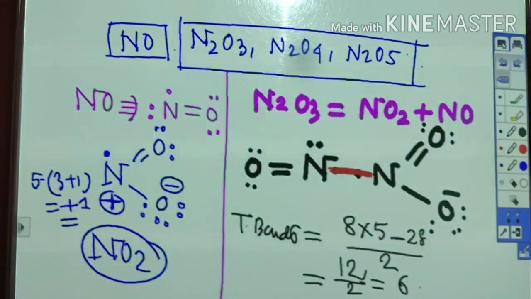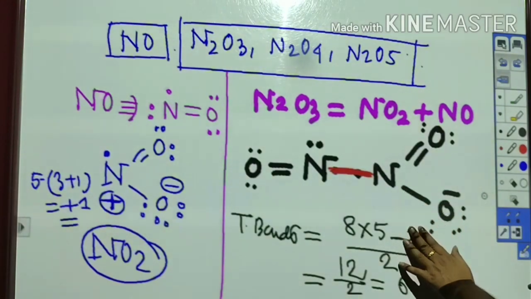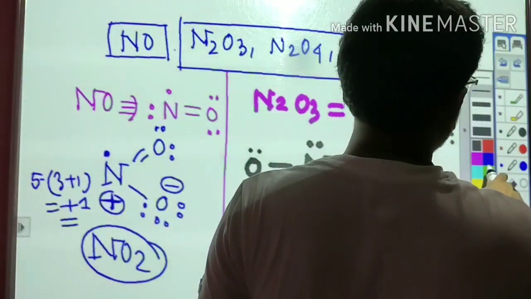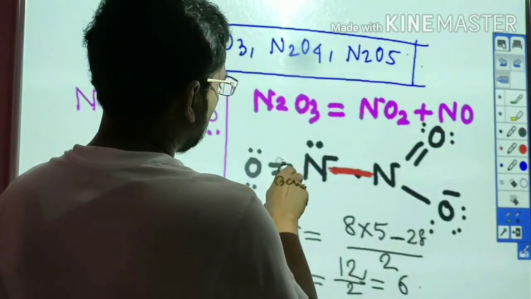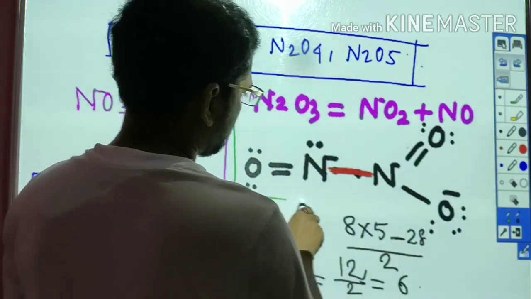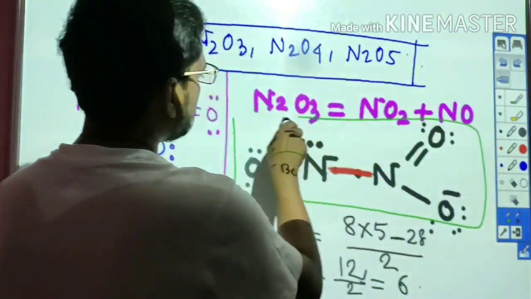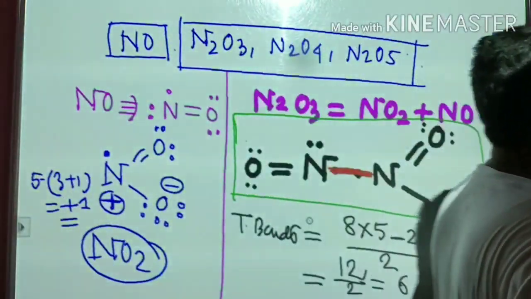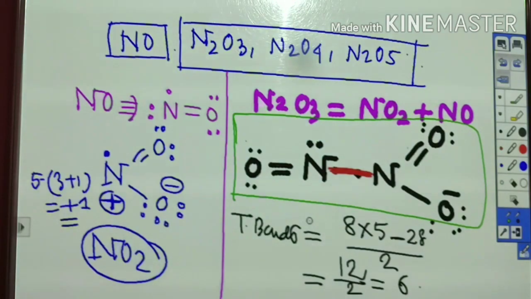Total 6 bonds. Now count whether 6 bonds are present here: 1, 2, 3, 4, 5, 6. So this is the correct structure, and the formula is also correct. This is the correct structure for N2O3.